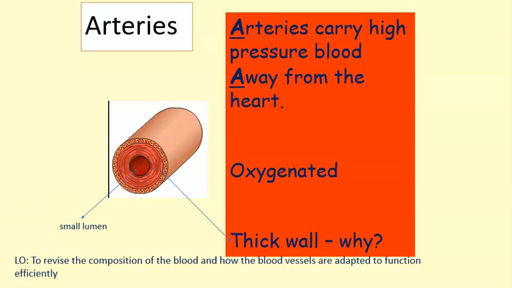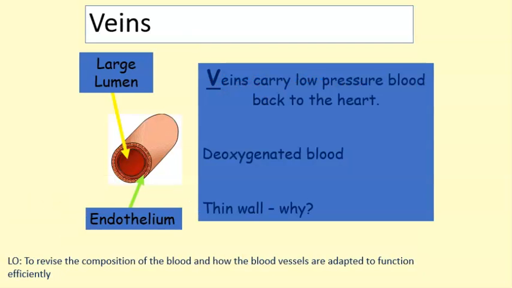Okay, moving on then. If arteries carry blood away from the heart, veins carry blood back towards the heart. This time the wall is thinner because the blood isn't at high pressure, which means that the lumen is larger. So make sure that you are able to compare arteries and veins, as that may come up in an exam, but make sure you put both pieces of information in.